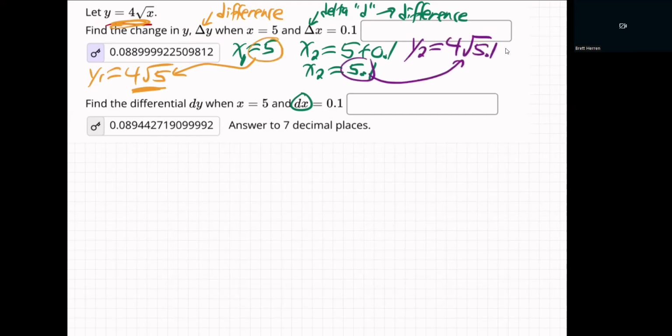They're saying find the change in y, so how much does y change from 4 root 5 to 4 root 5.1? Well, we can just subtract them: 4 root 5.1 minus 4 root 5. Let's hit the buttons on our calculator.